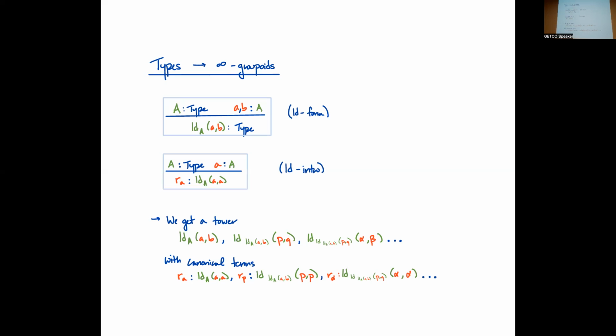We have points, which are terms, then 1-dimensional paths, 2-dimensional paths, 3-dimensional paths, and so on. And that's just what we get from the formation rule. And the introduction rule tells us that we have these canonical terms at every level, telling us that the same thing taken twice is equal to itself, of course. So we have something that looks like an infinity category with identity morphisms.